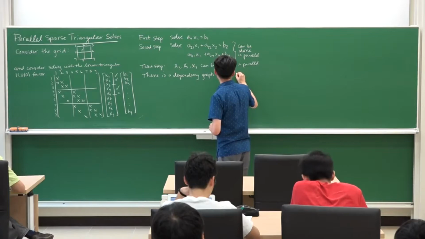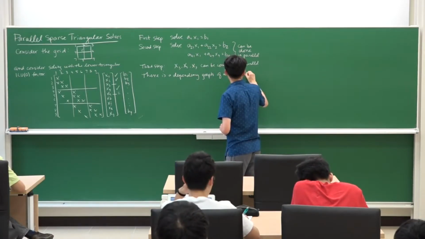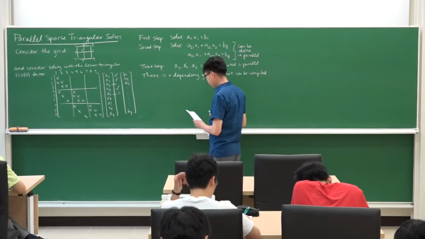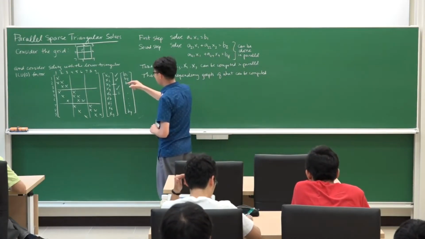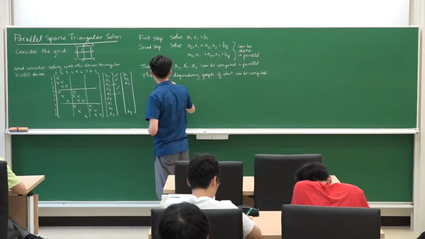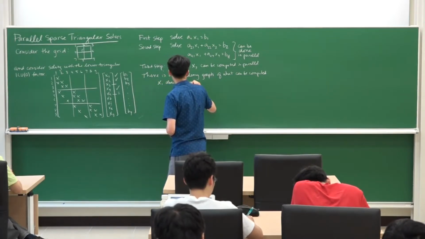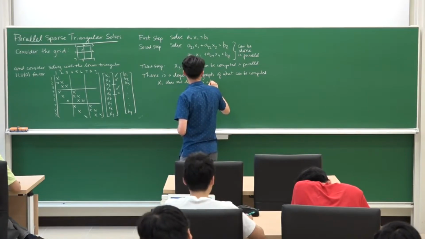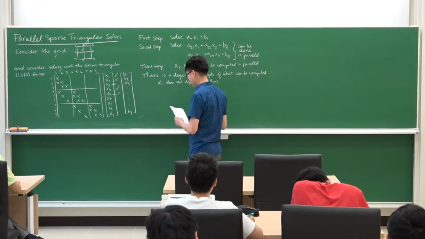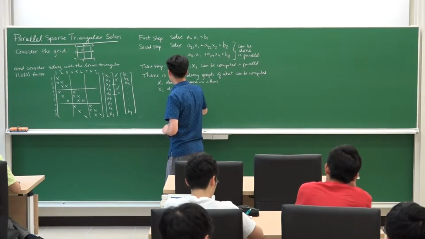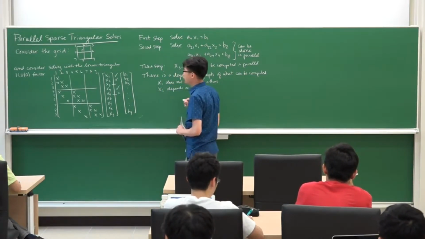of what can be computed. So for instance, in this example, x1 does not depend on any others. Right? x2 depends on what?